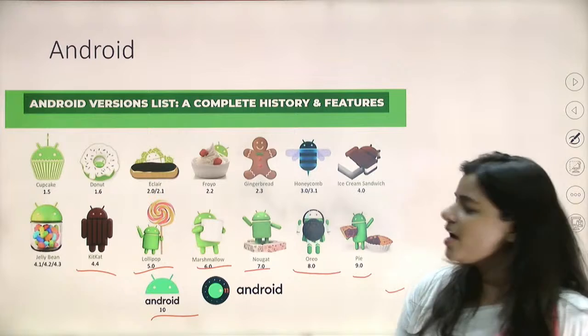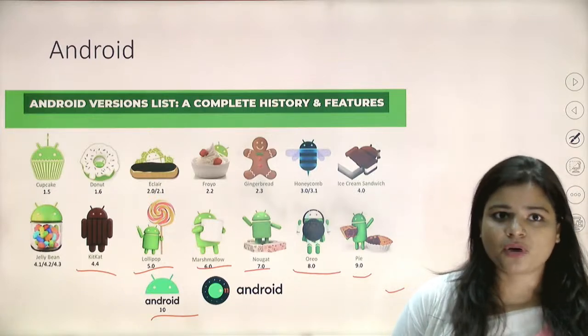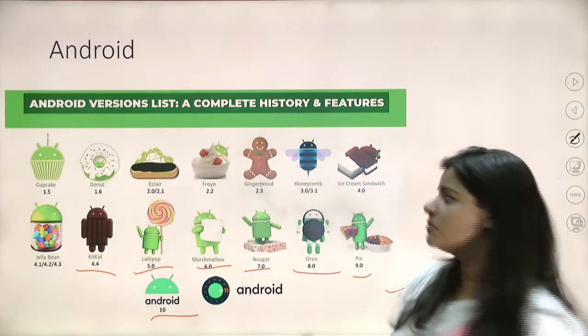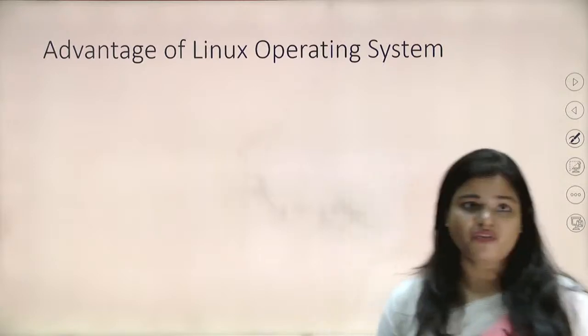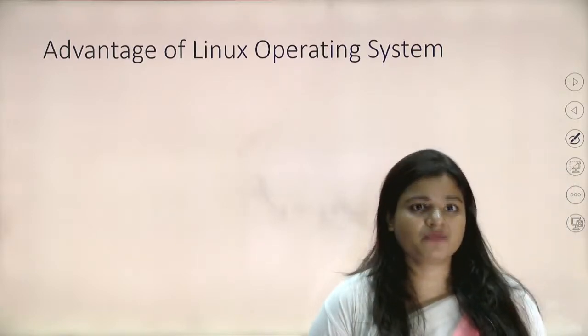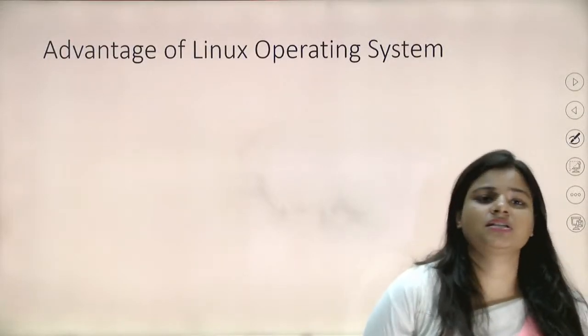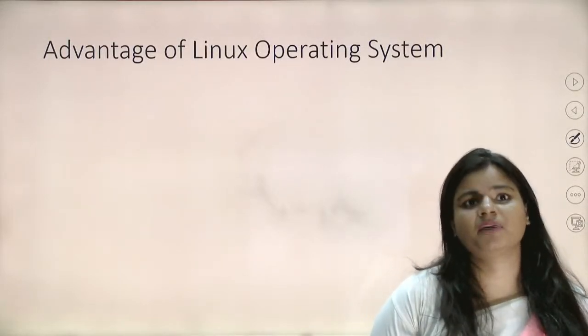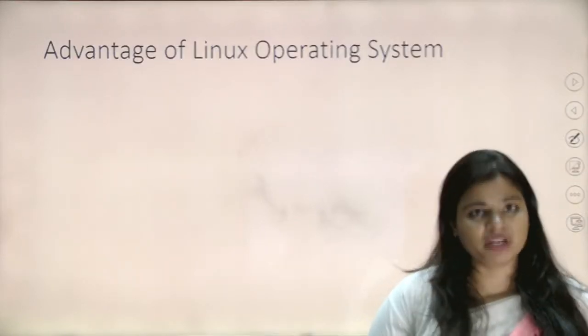So here I have told you about different kinds of operating systems, but my major focus is on the Linux operating system. Next I continue with the Linux operating system and its advantages. Why am I talking about Linux so much? Because nowadays industries are working with Linux at a very high rate due to its many features and advantages.